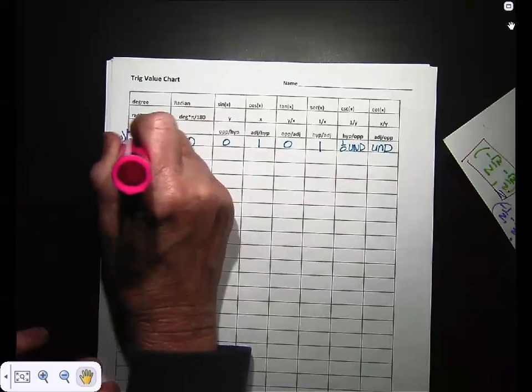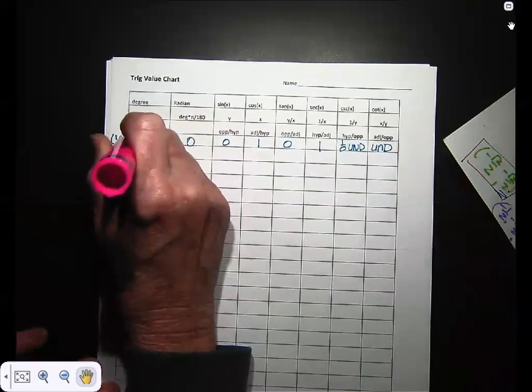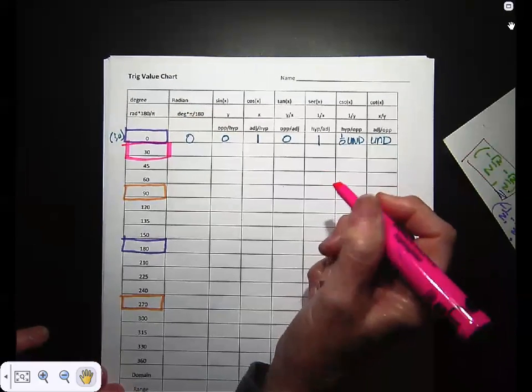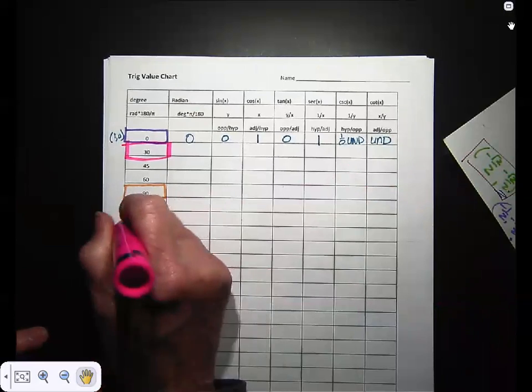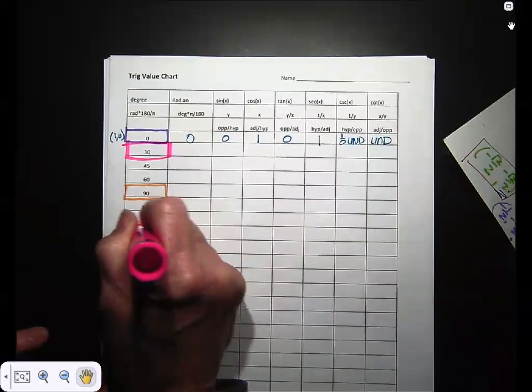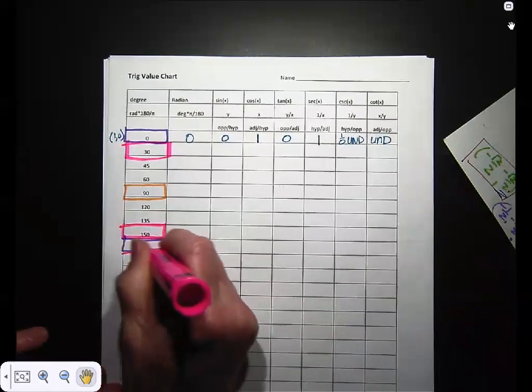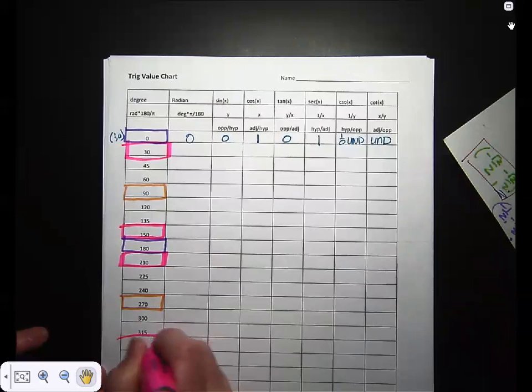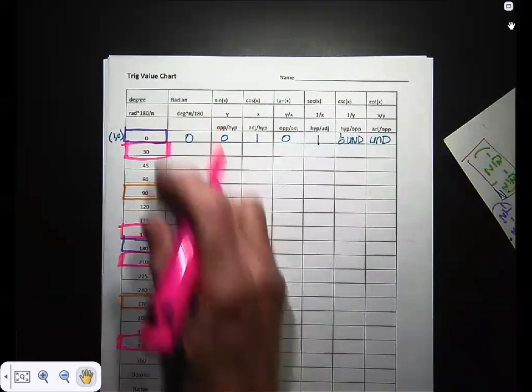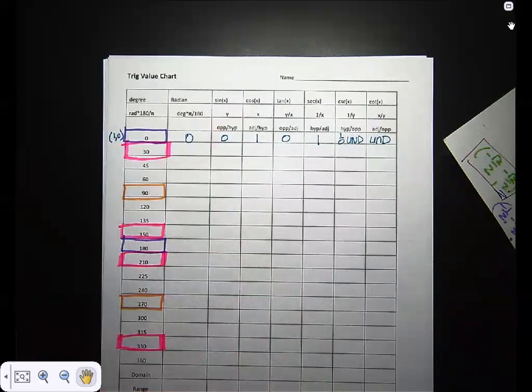So if I was doing 30 degrees, I know 30 is in quadrant 1. That is going to be related to the other pi over 6s at 150, 210, and 330. So all of those are going to have the same numbers.